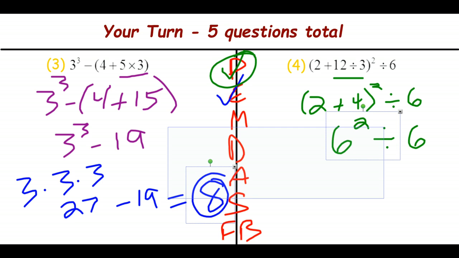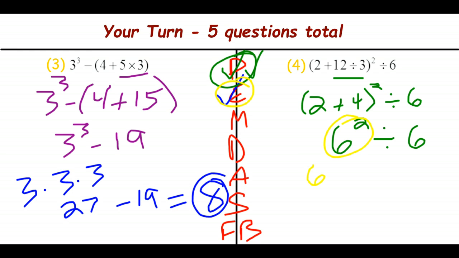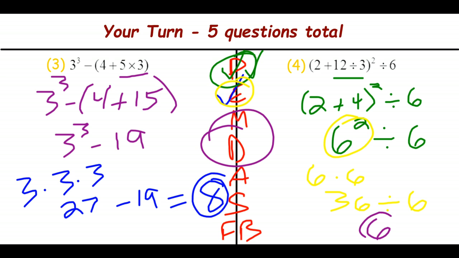And note that we have to do the 2 plus 4 first, because that's within the parentheses, and parentheses is our first step in PEMDAS. Now exponents, we have 6 squared. 6 squared is the same as 6 times 6, so we have 36 divided by 6. And finally we go through our last operation, which is division, and get 6. 36 divided by 6 is 6. So the answer to number 4 is 6.